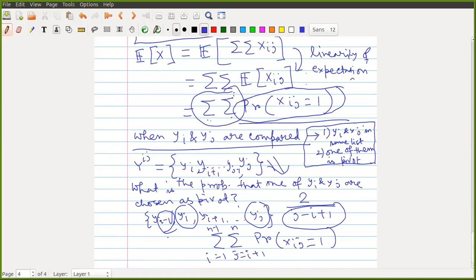Say this i minus 1 has its value as 5, and i's value is 6, suppose. It will be considered here in the outer, leftmost sum. So i minus 1 is 5, and in this outer summation it will be considered.